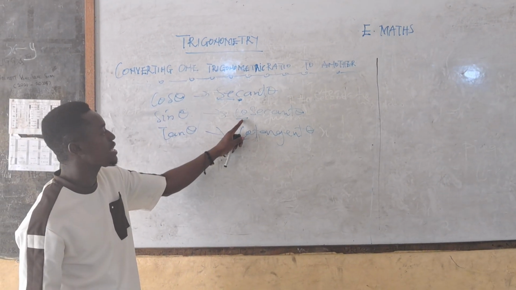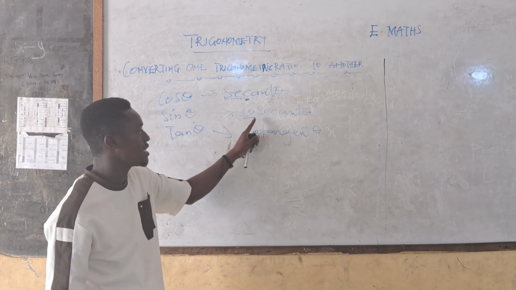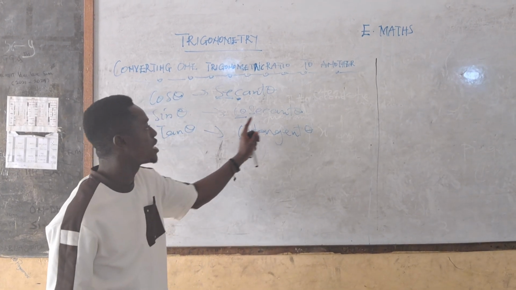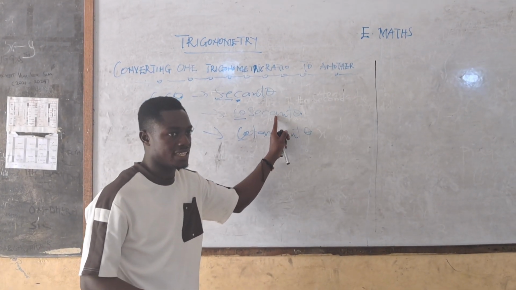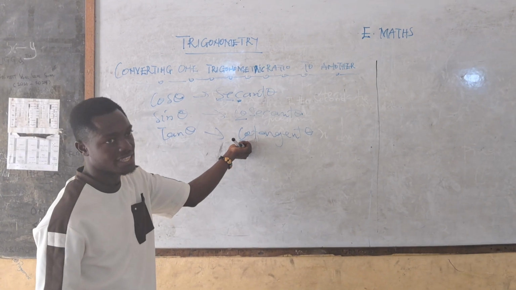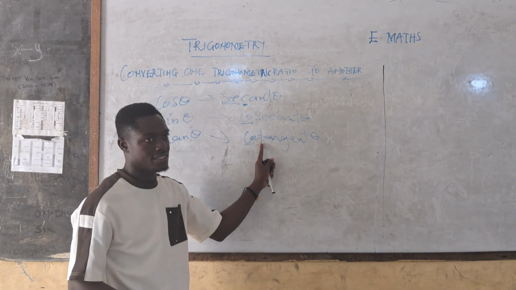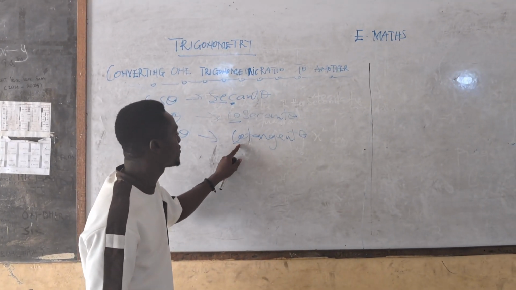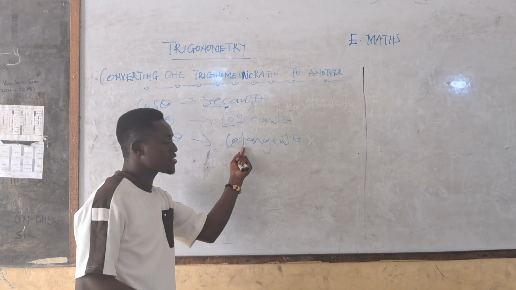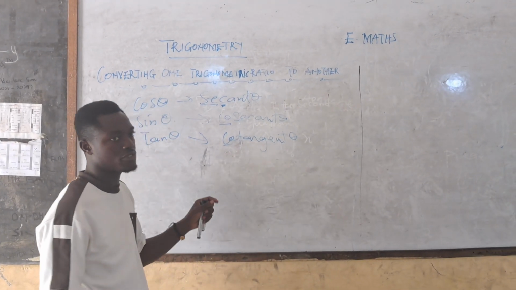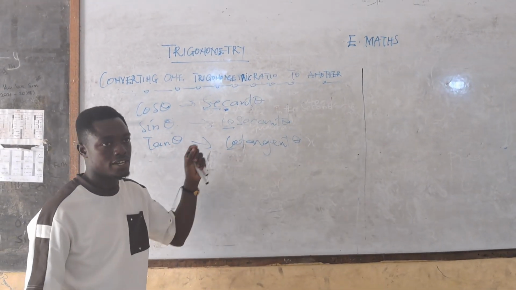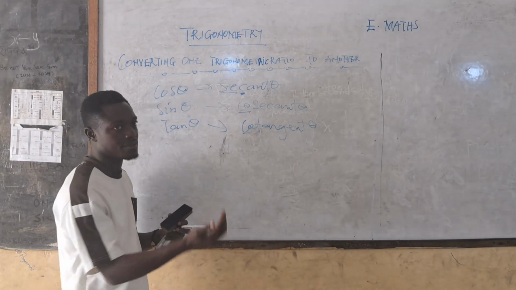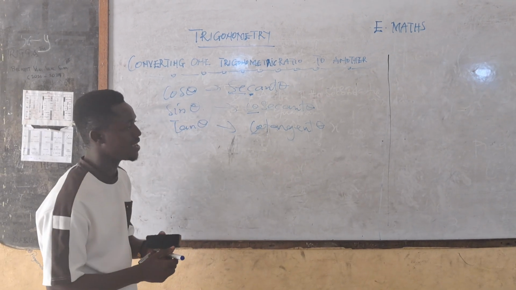If you underline the first two letters here, the third letter is sine, which gives you a clue that this is the inverse of sine. Here, the third letter is T, tan, so this is the inverse of tangent. That's how we are able to reduce the ratios. If you want more clarification, visit the previous video for more understanding.